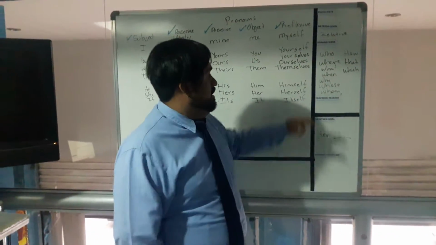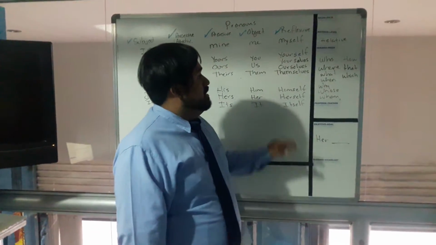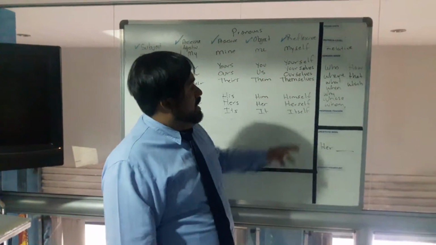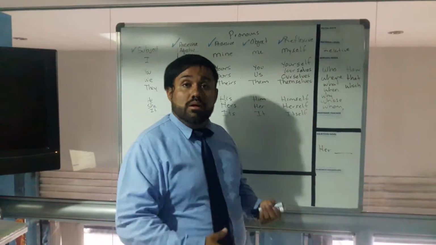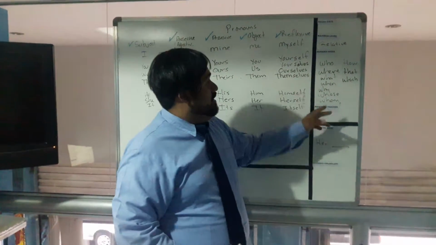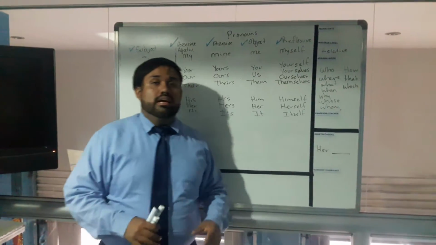You have three possibilities to talk about objects: what, that, or which. Why is to talk about a reason. Whose is to talk about a belonging, a possession of another person. Finally, how is to explain a process. And that's all.